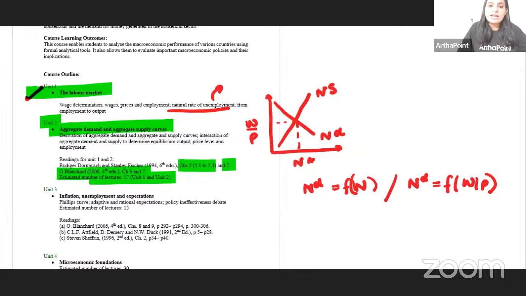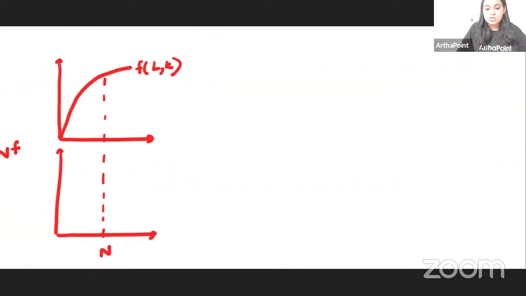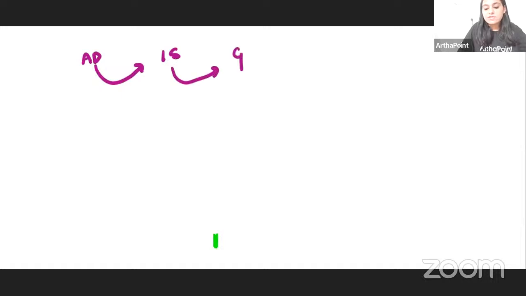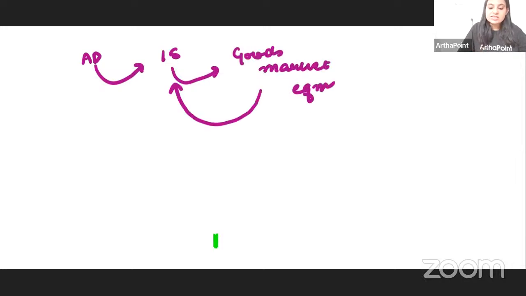We are going to derive the AD curve. The AD curve is derived from the IS curve, which is derived from the goods market. So we will derive the IS curve and the AD curve.